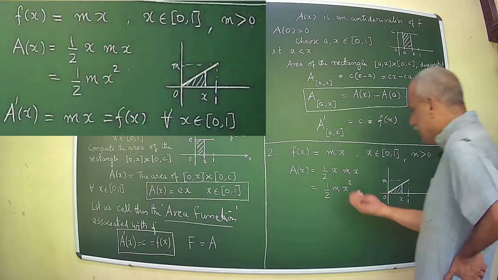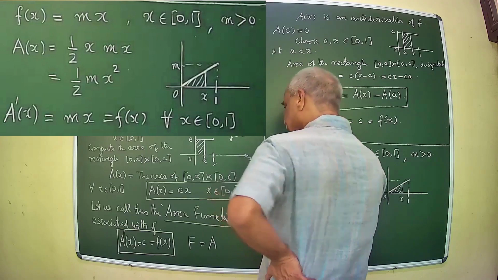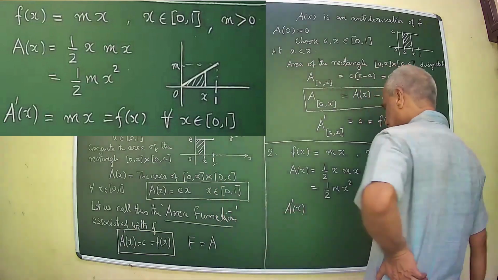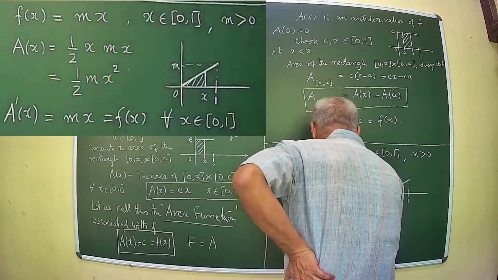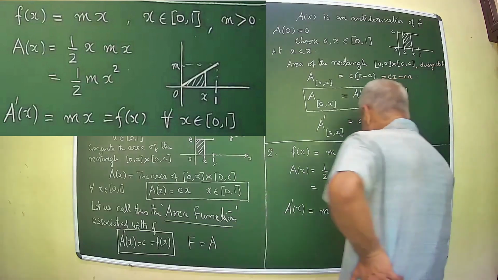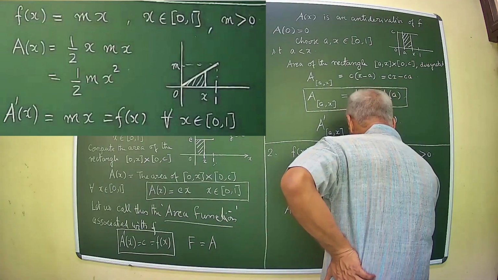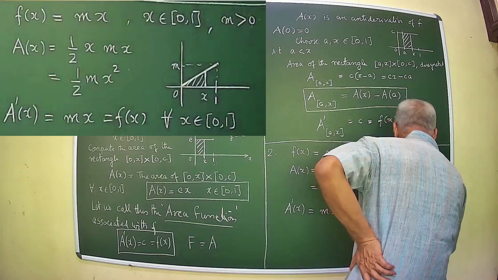Well, this is equal to half of m x squared. Once again, you immediately verify that the derivative of A of x, because you are encouraged by this observation, is equal to mx. And that is the function that we started with, this is equal to f of x. And this is true for every x belonging to the interval 0 to 1.